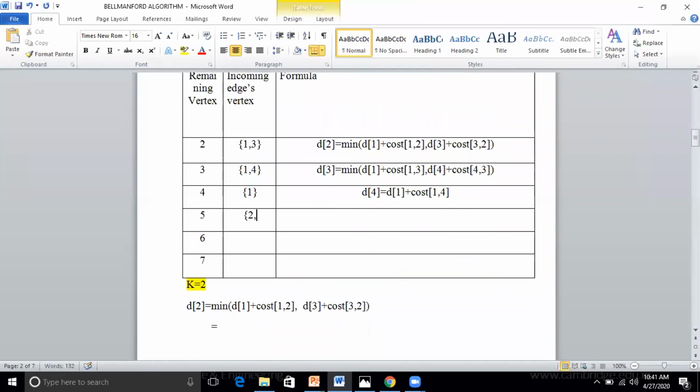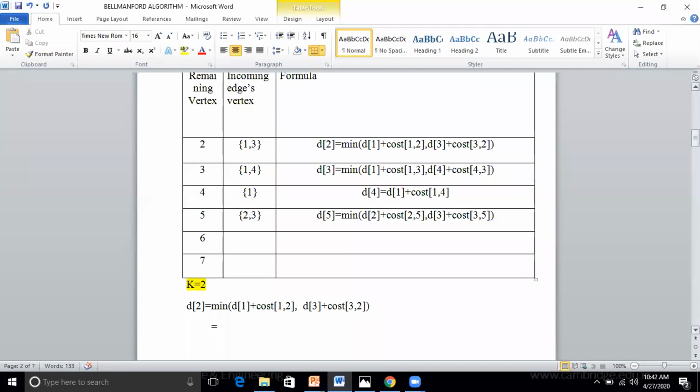D of 5 is equal to min of D of 2 plus cost of 2 comma 5, comma, D of 3 plus cost of 3 comma 5. That's all. Okay.